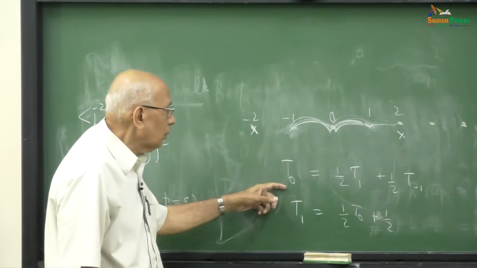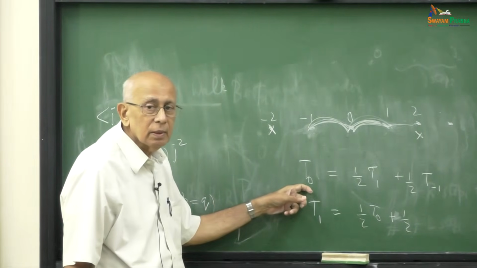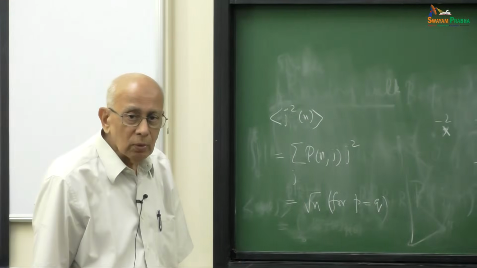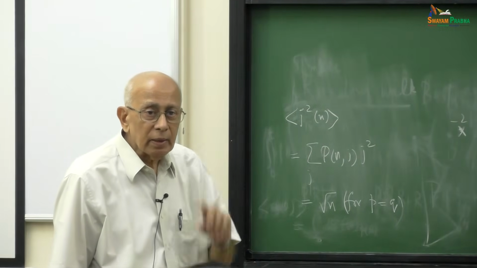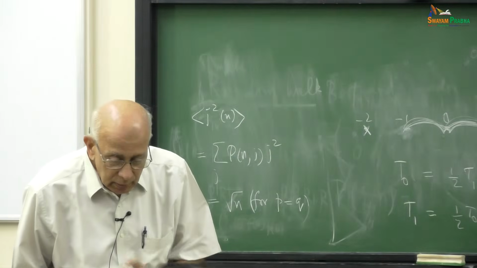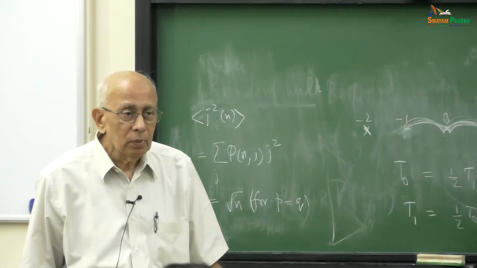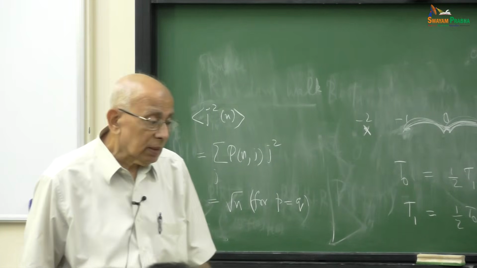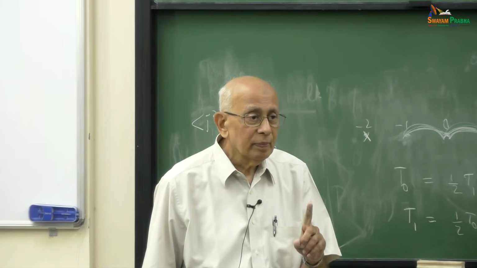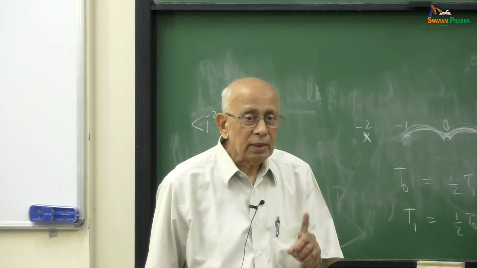Tell me what was wrong with this statement. What I am doing is starting at 0, I toss a coin, it comes up heads, I move here. I want the mean time to go from 0 to plus or minus 2. At the end of the first step, I find myself at 1. But I've already finished one step.